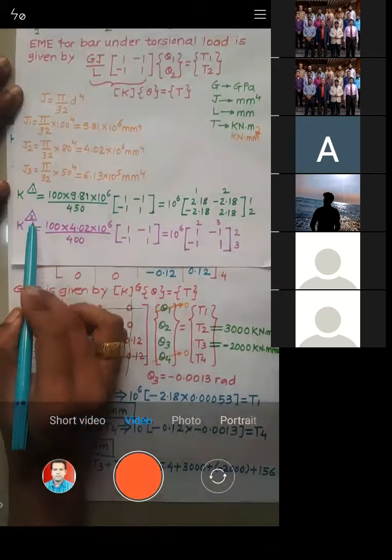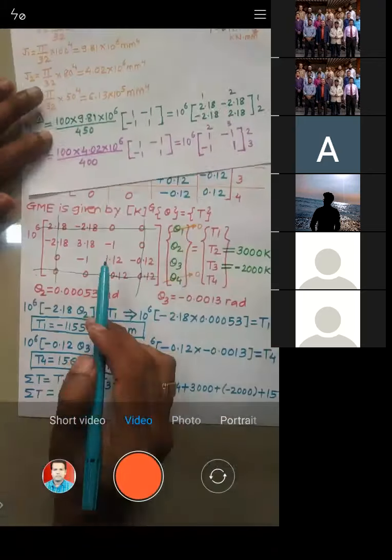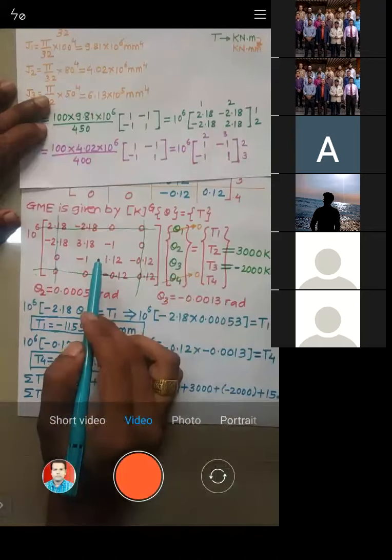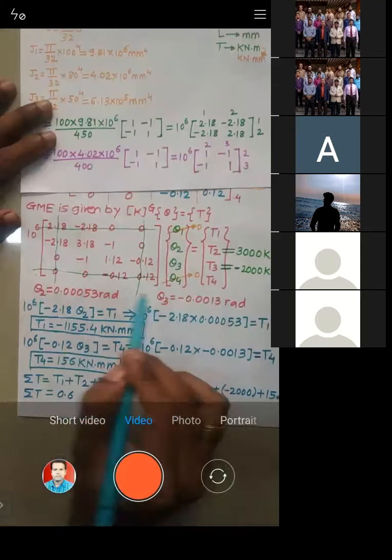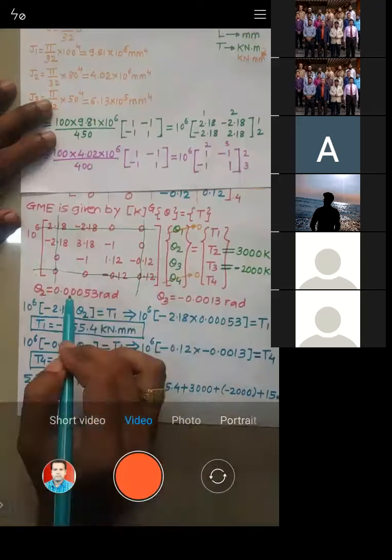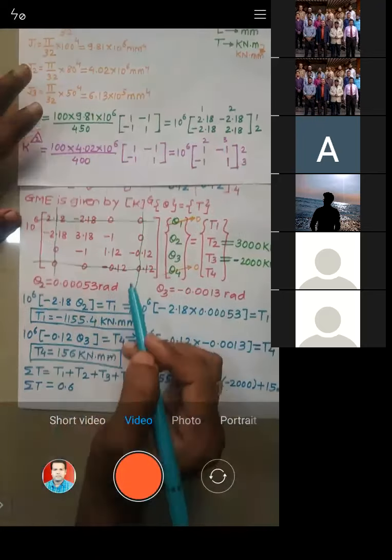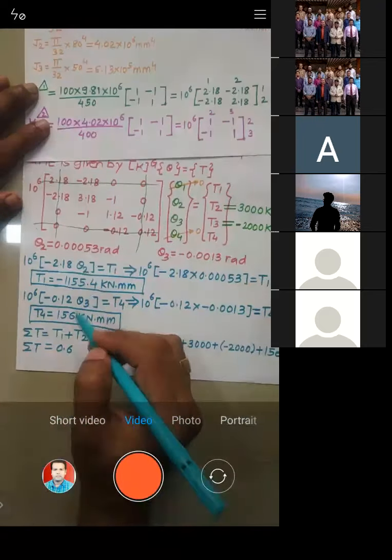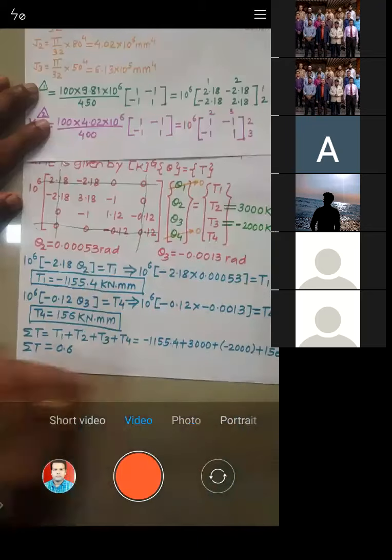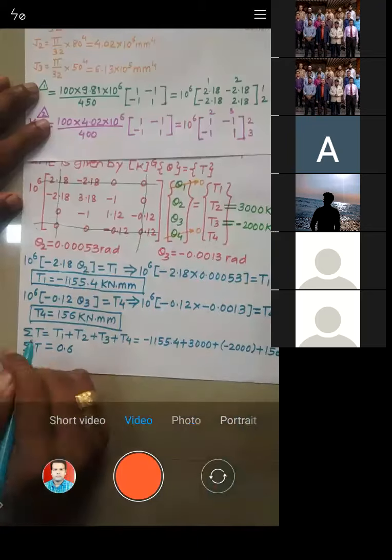As your stiffness matrix is more accurate, your global stiffness matrix is more accurate. Then your theta 2 is more and more accurate. Again, in theta 2, if you take more digits after the decimal point, your reactions will be more accurate. And in that case, the summation of torque will tend to 0.